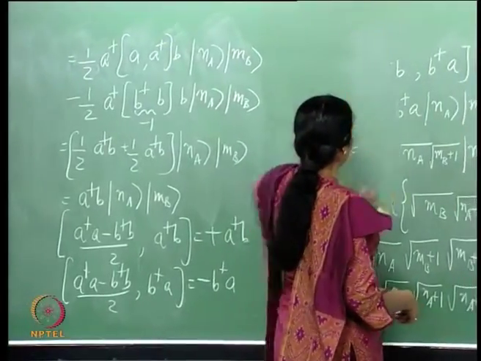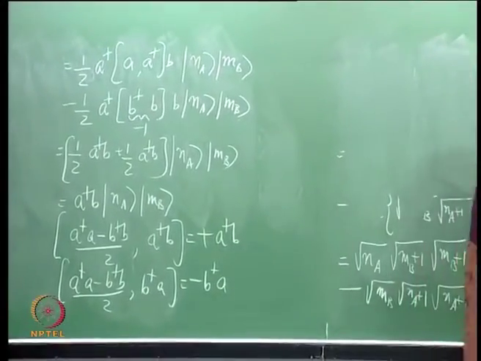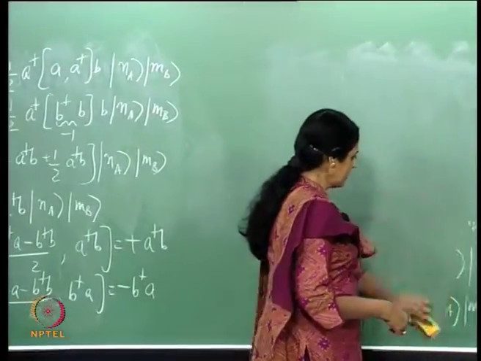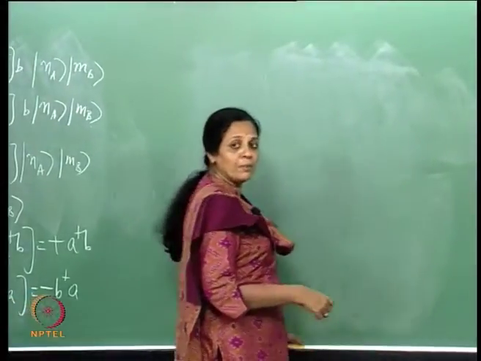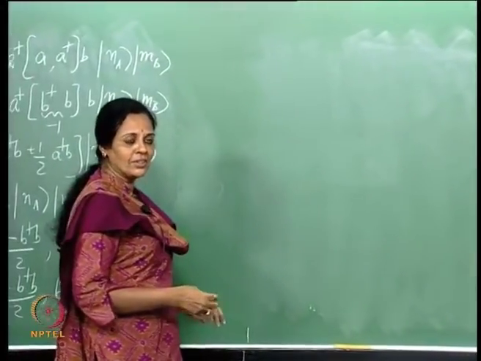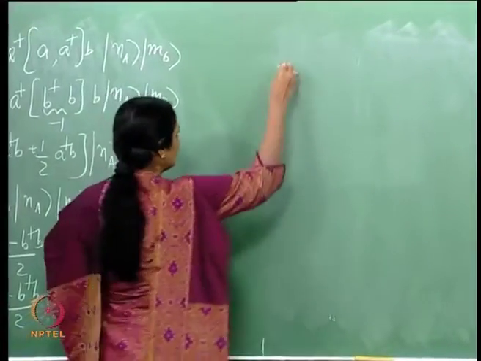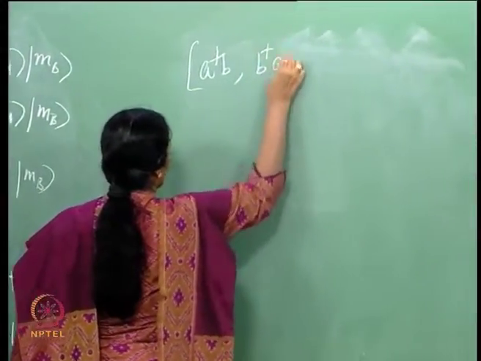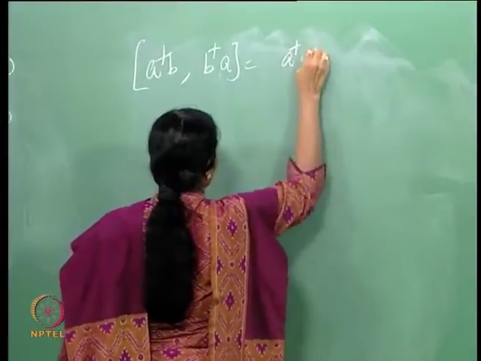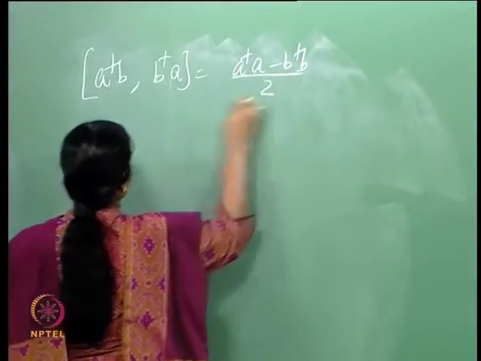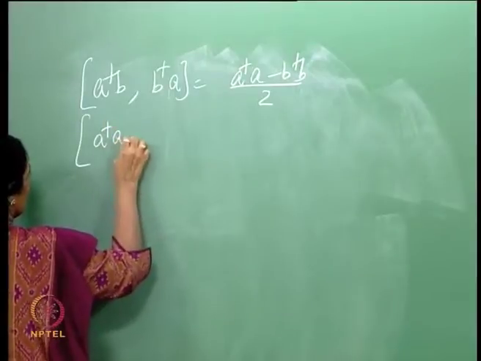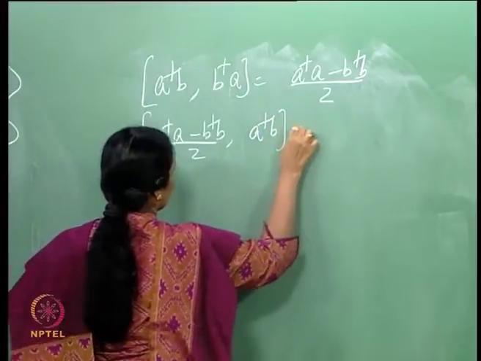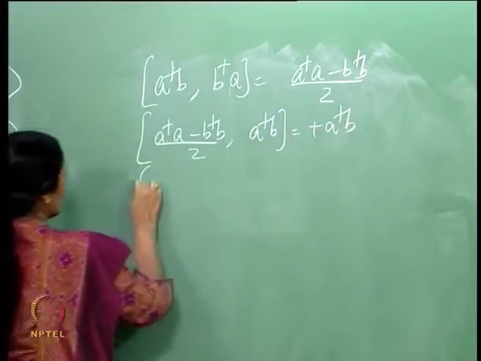I have a situation where I have identified 3 operators, 2 of them being Hermitian conjugates of each other, and the third being a Hermitian operator, satisfying the following commutation relationship. And this is simply the SU2 algebra.